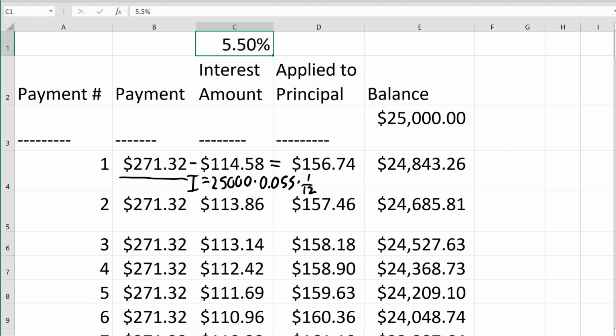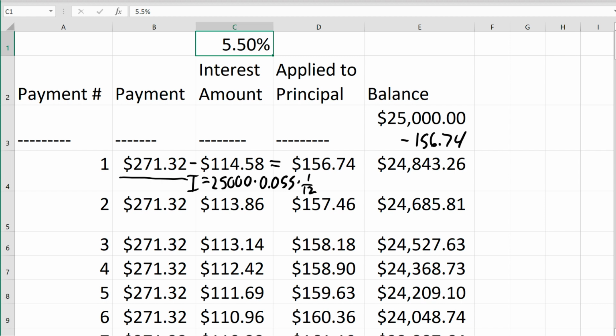So just the difference between how much was paid and how much the bank took out. Now, the loan balance doesn't go down by the full payment amount because the bank took part of that payment. The balance goes down by the applied to principal. So it goes down by $156.74. So we take our $25,000, subtract out our $156.74. That gives us $24,843.26.